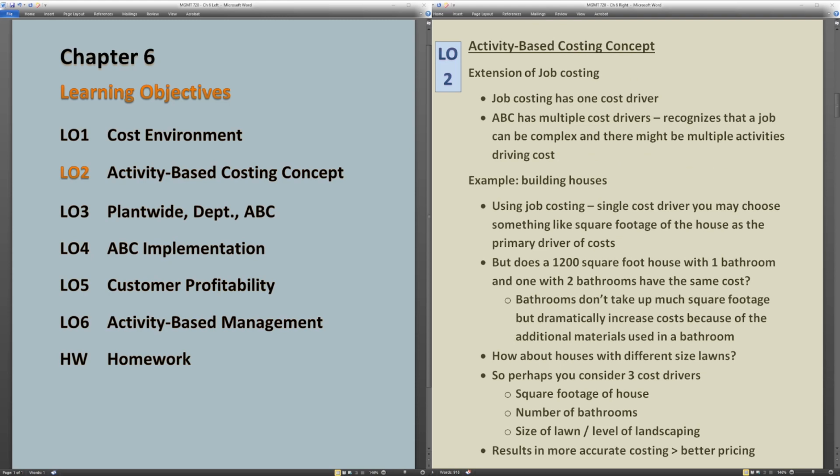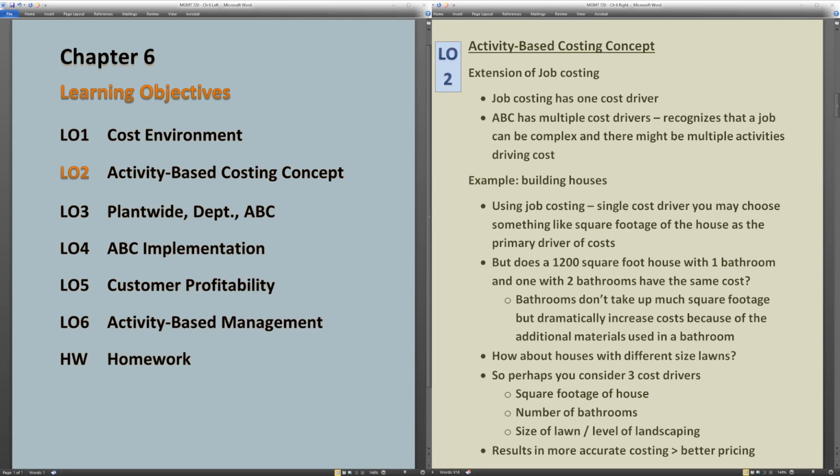So if ABC costing is an extension of job costing, well, what does that mean? In job costing, we were dealing with the predetermined overhead rate. And the first step in that was to select a cost driver, some sort of proxy for manufacturing overhead that allowed us to cost objects or cost items in real time, because sometimes manufacturing overhead, the actual total cost, didn't come in for some time later.